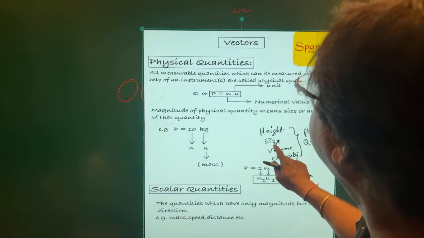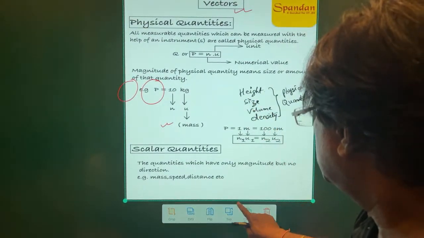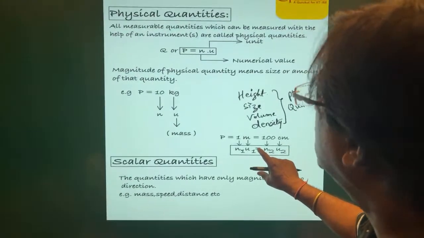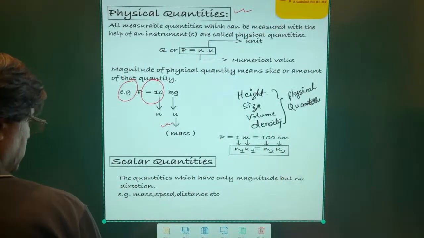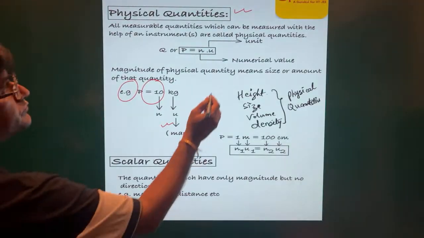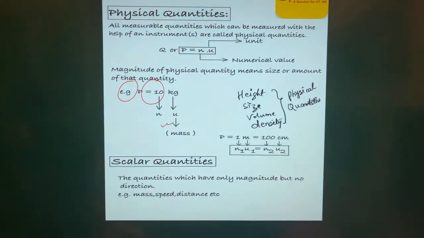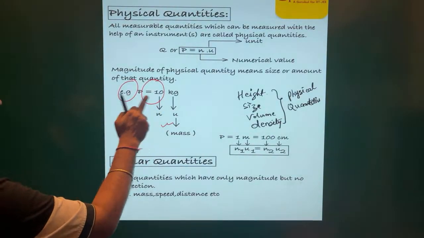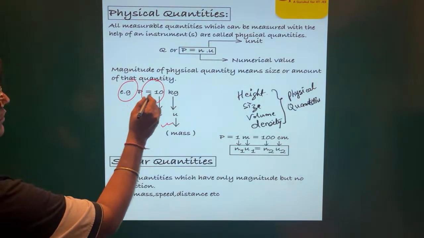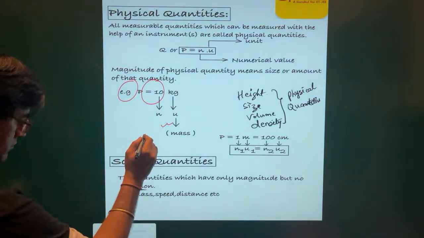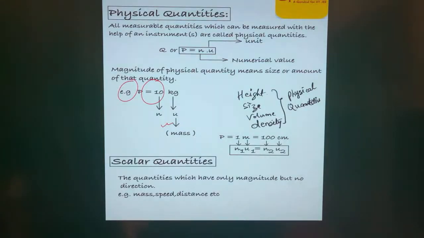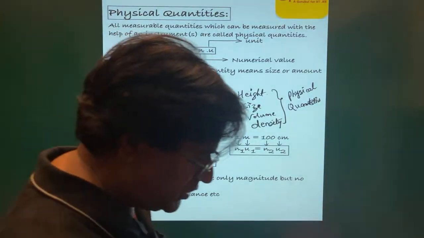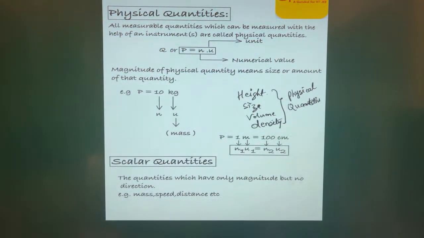So in case of scalar quantities, what are scalar quantities?